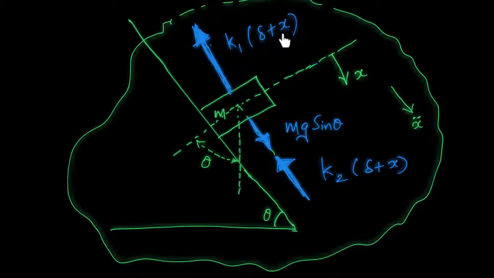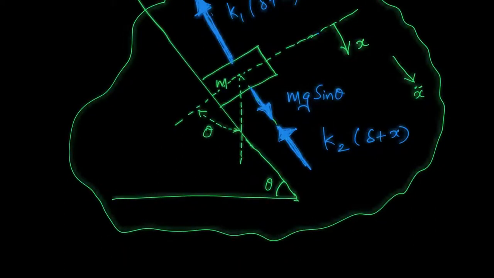I have both the static deflection and the new extra term, little x, because the spring is getting extended by an amount equal to delta plus x. Delta because of the static deflection and x because of the vibration. And gravity is still acting there, and then you have k2 times (delta plus x). These are the different forces acting on the system, and the whole thing is moving with an acceleration of x double dot.